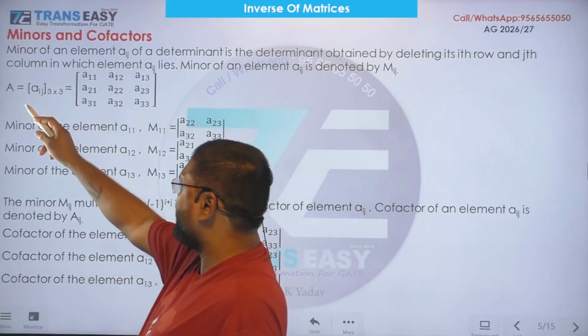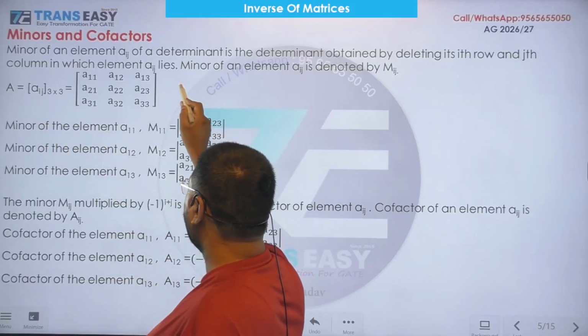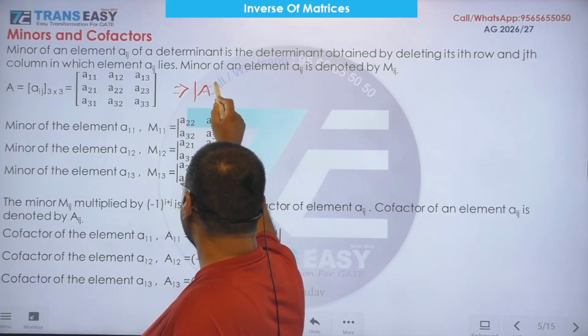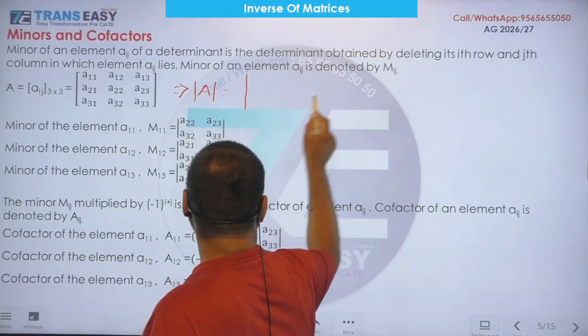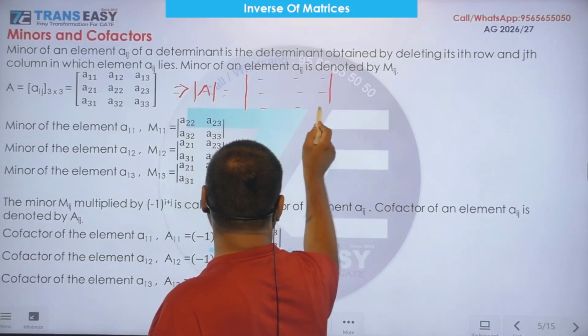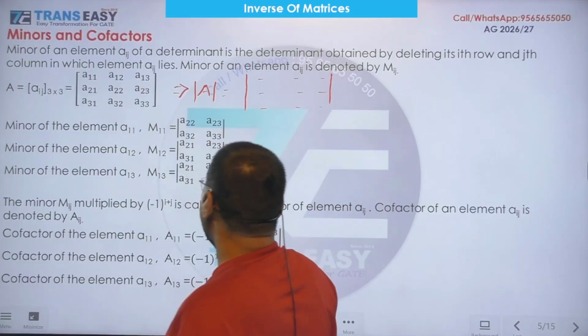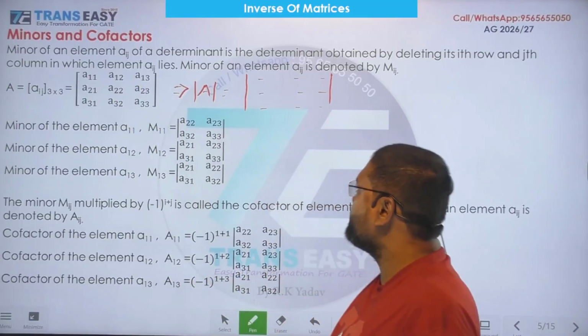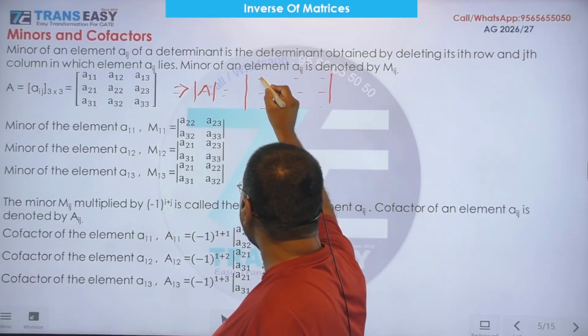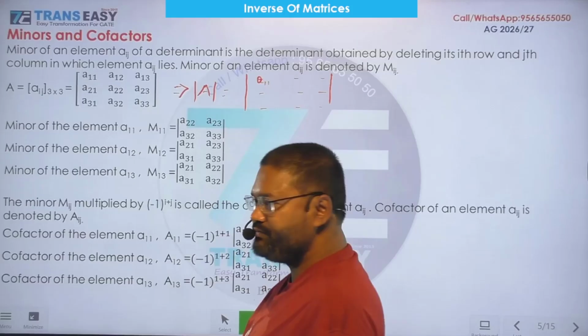This is a matrix, and its determinant is this: 1 2 3 4 5 6 7 8 9. These elements are written there, right? So we are going to find the minor of A11.